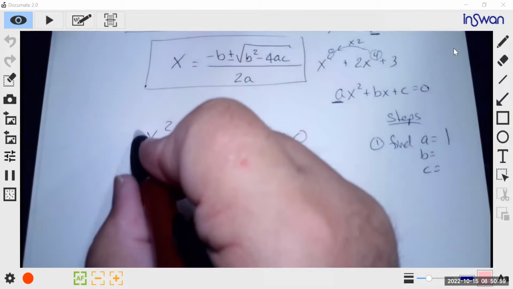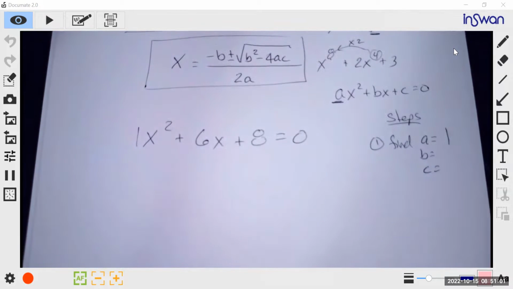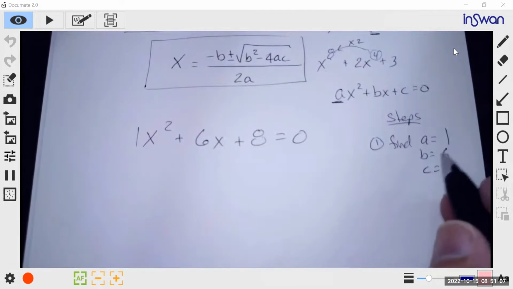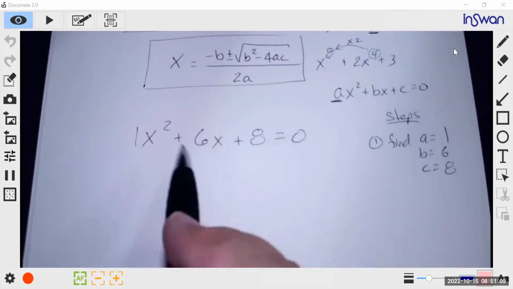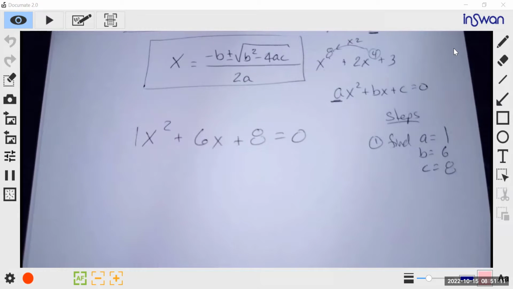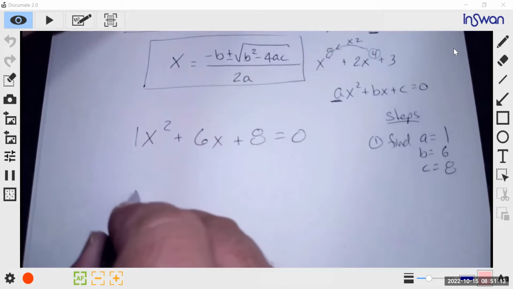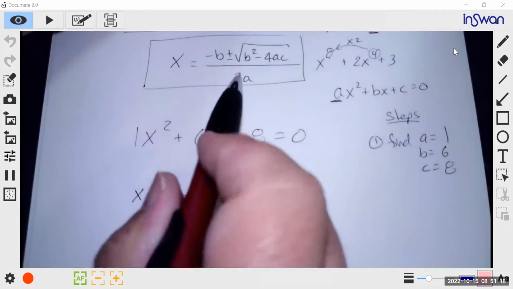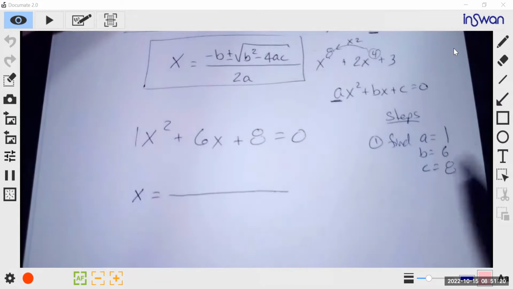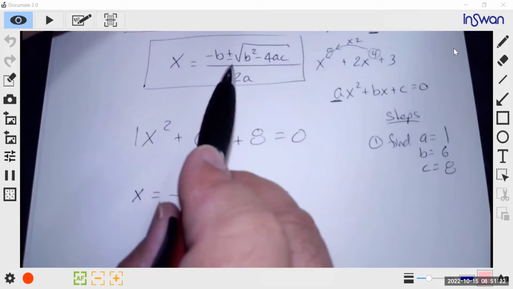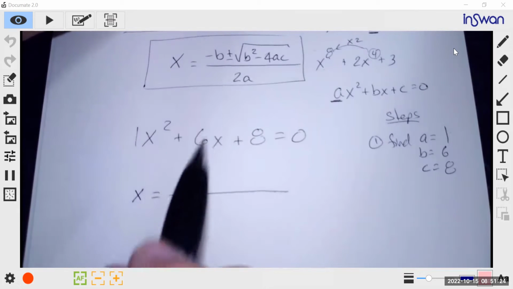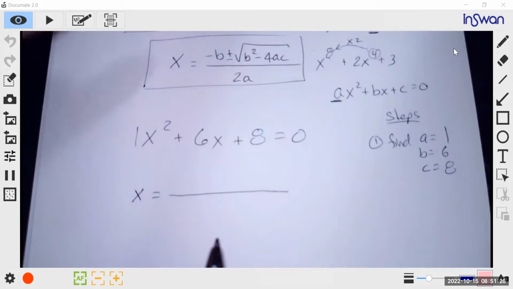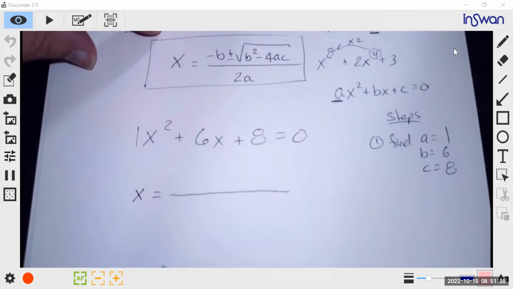Since x squared is here, there's a 1 there. What's B? 6. And C? 8. If it was negative, then use the signs also. Since these are positive, we're okay. When you solve these for your homework, after you label A, B, and C, always start off by writing the formula so it helps you memorize it. Write down the formula first on each equation.